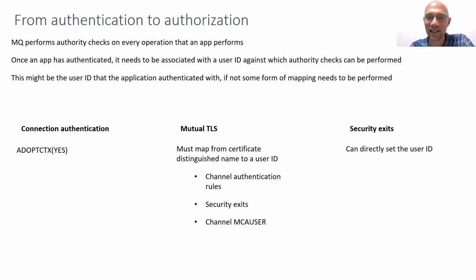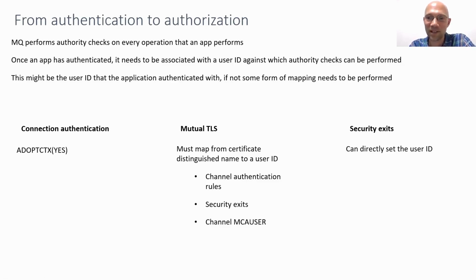Now, before we look at exactly how you grant authority to user IDs to do something in MQ, we need to make sure that every connection actually has a user ID, because the user ID is what you use in order to grant access.